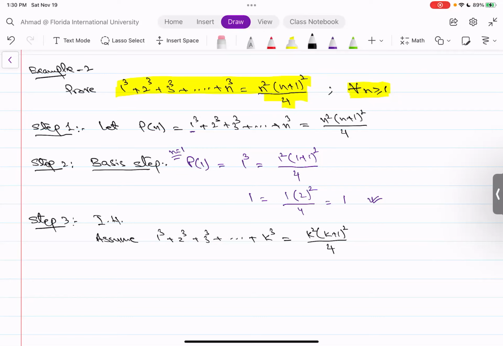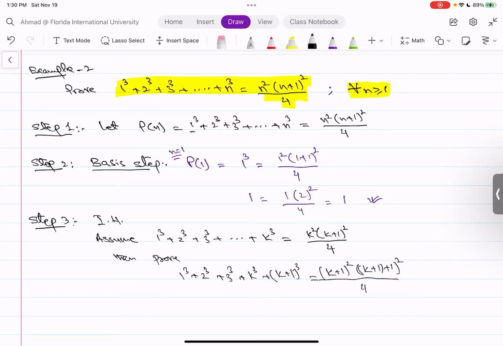Now, if I have set up this induction hypothesis, then I have to prove that 1 cube plus 2 cube plus 3 cube plus k cube plus (k plus 1) cube is equal to (k plus 1) whole square into (k plus 2) whole square divided by 4.